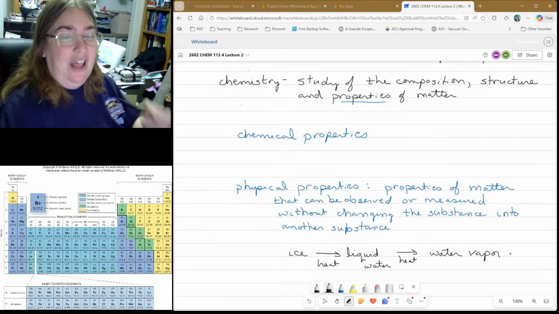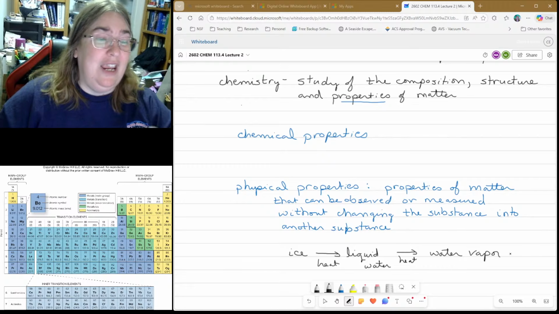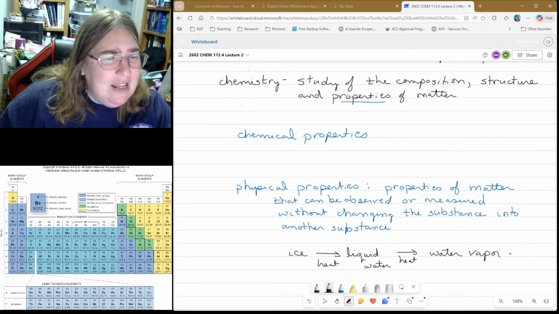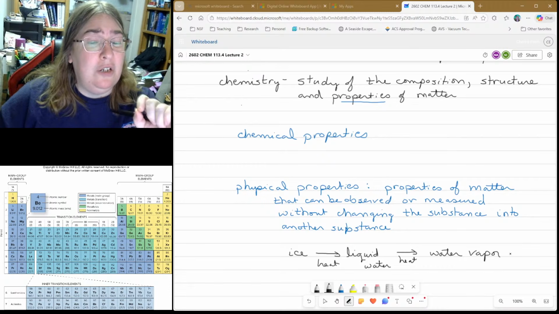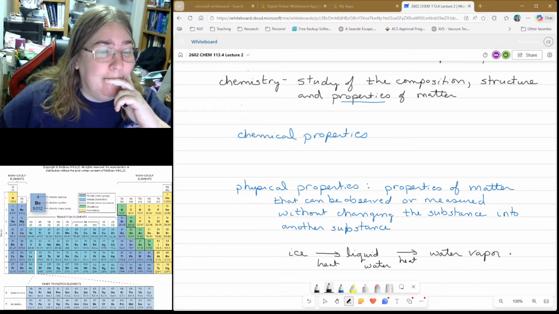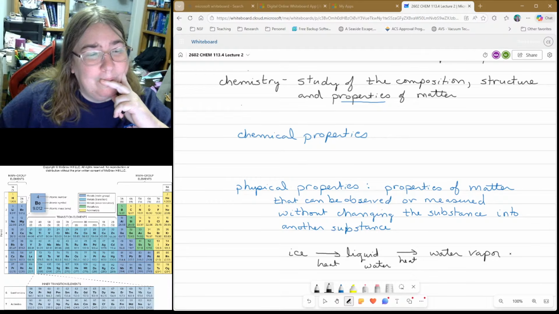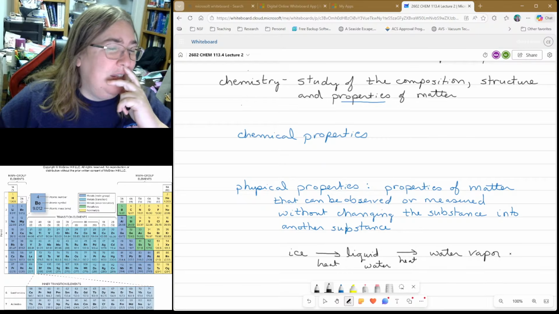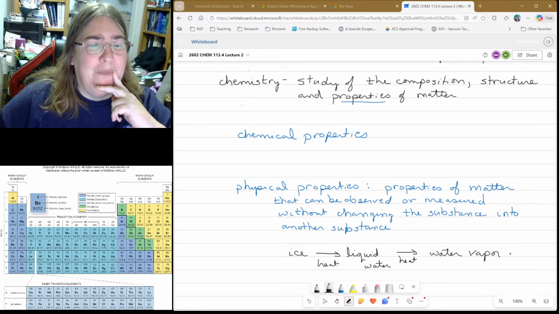Did I change the water? Did I change it into a different chemical when I applied heat? In other words, is ice and liquid water the same chemical?